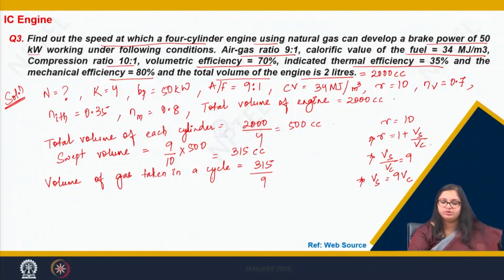So, the total volume of air fuel mixture is taken as 10. So, the amount of gas which is taken in is 315 by 9, which is given as 35 cc.